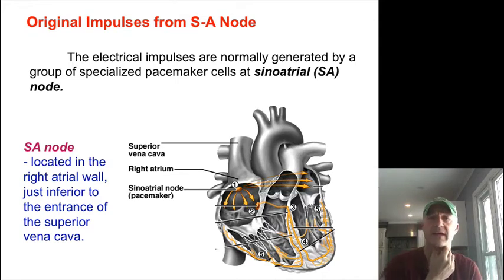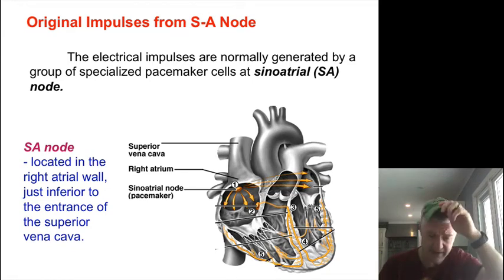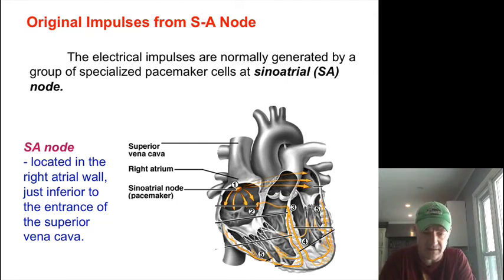So what is going on here is, up near the right atrium, we have this area called the sinoatrial node. What is going to happen here is these are self-pulse forming cells, or signal forming cells.